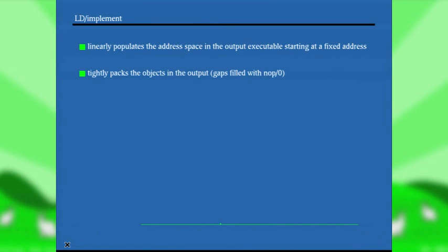Yeah, so again, it linearly just stuffs the address space, and all the sections from different object files are basically put together one right after another with tiny little gaps, which are required by alignment, such as on the RISC architectures, where you have to align to say 4 bytes for the instructions, and certain data types like doubles have to be aligned to 8 bytes and things like this.